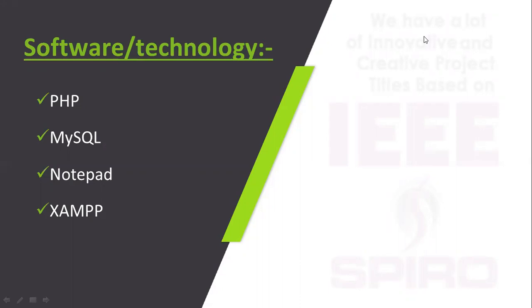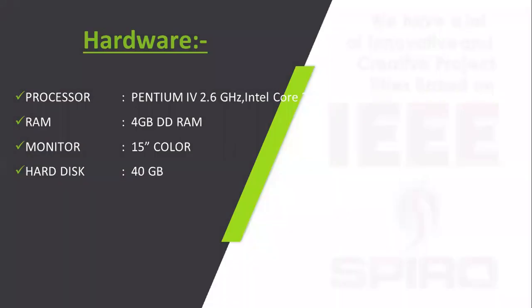Notepad is for text editing, and XAMPP is a server used to handle a website. Hardware requirements are a Pentium processor, 4 GB RAM, a 15-inch color monitor, and a 40 GB hard disk.